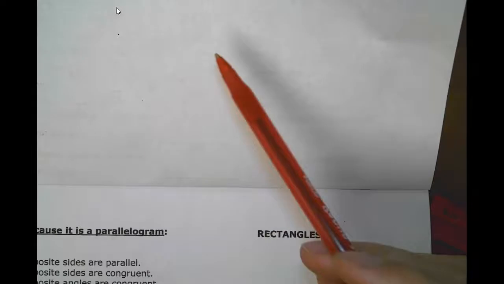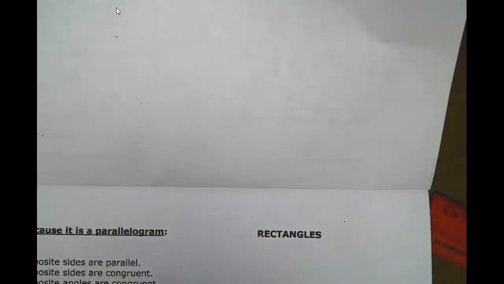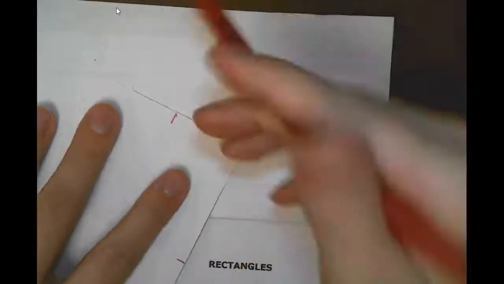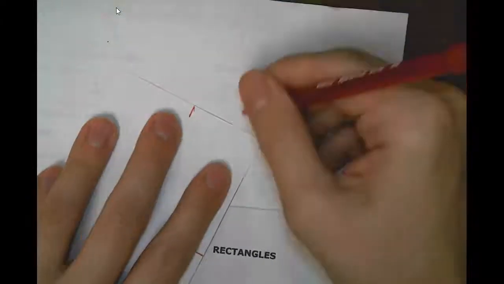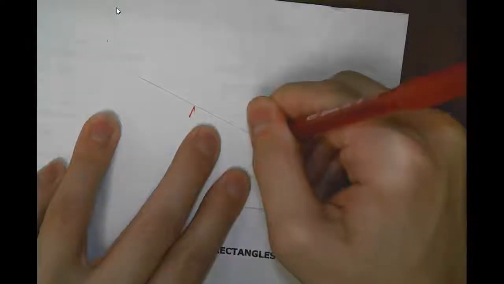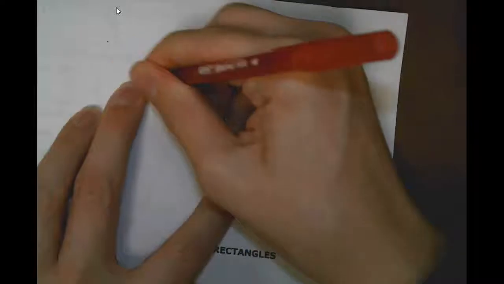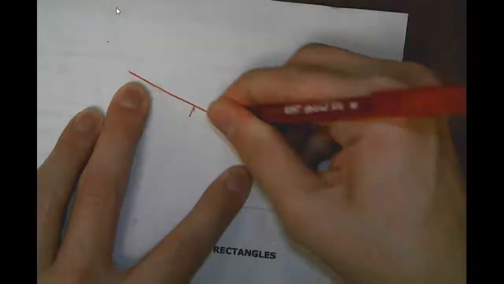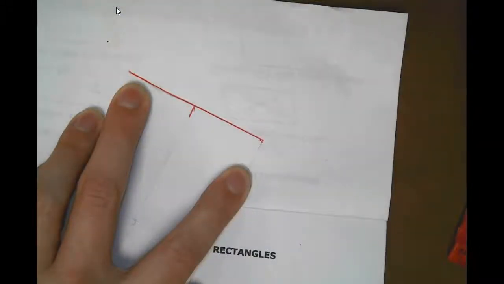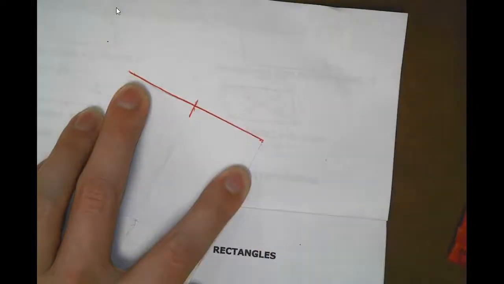We all know you can trace this and you'll get a rectangle, right? But my point is that we're trying to make it with diagonals. So what I'm going to do is start off with this diagonal here. I'm going to draw a line. Oh no, mine's bad already. Then I'm going to mark the middle, because remember the diagonals bisect each other.